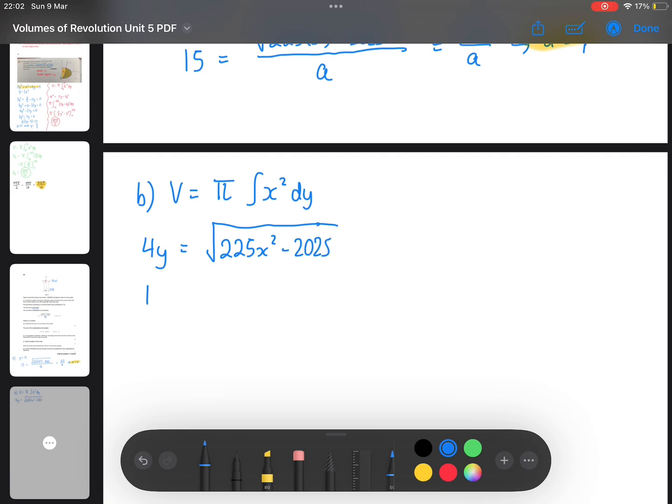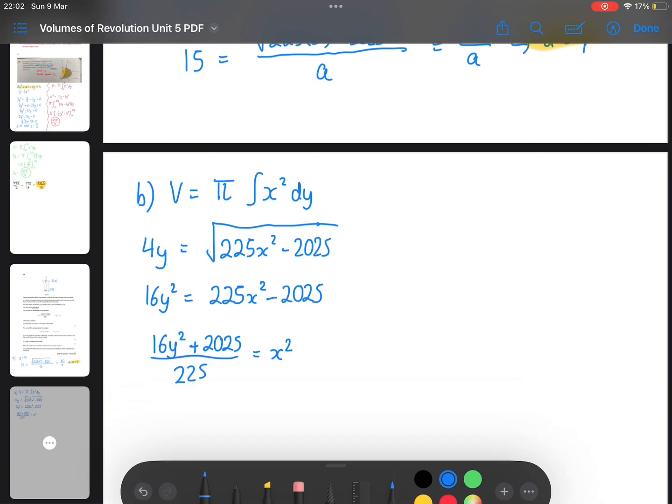Squaring both sides, we have 16y squared equals 225x squared minus 2025. So rearranging that to make x squared the subject, 16y squared plus 2025 divided by 225 equals x squared.